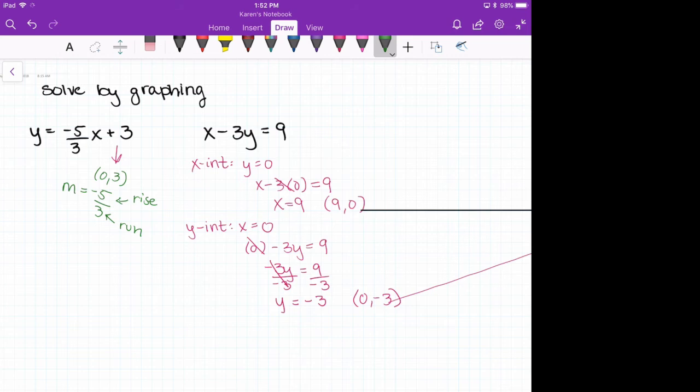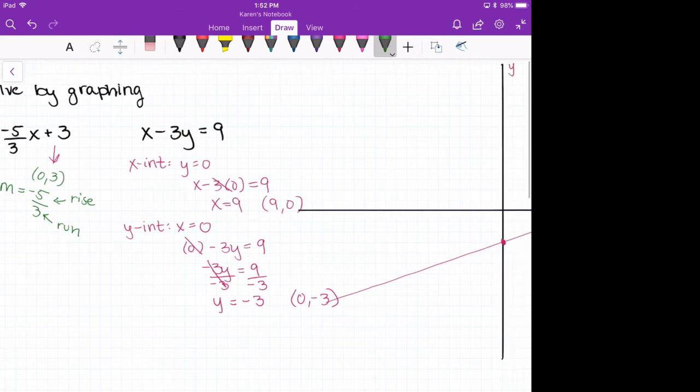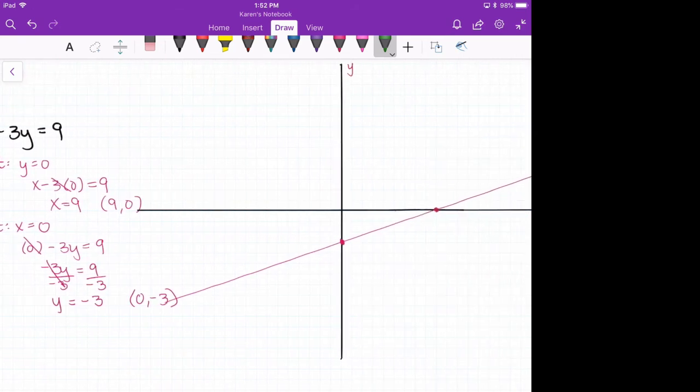So once I plot my y-intercept of 0, 3, then from there I'm going to move down 5 and to the right 3. So let's do that. 0, 3, 1, 2, 3. And my slope says go down 5, move to the right 3. 1, 2, 3, 4, 5. 1, 2, 3. That is actually the point where they cross.